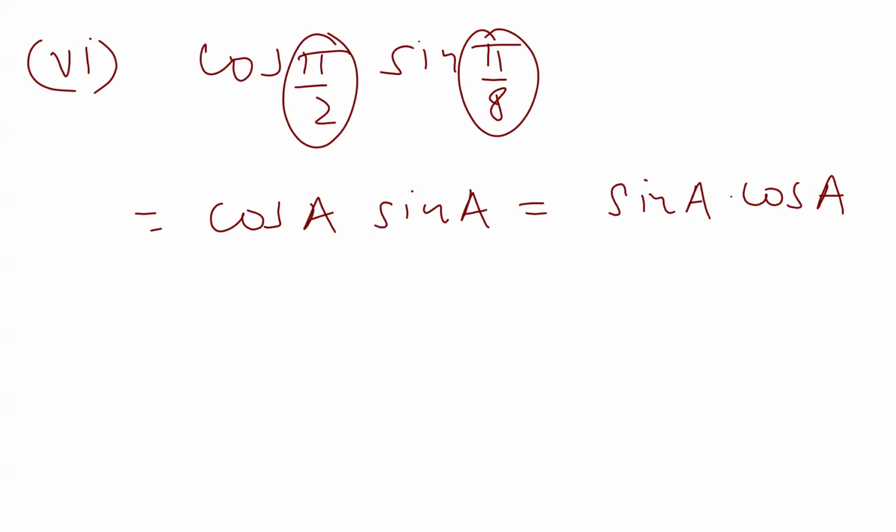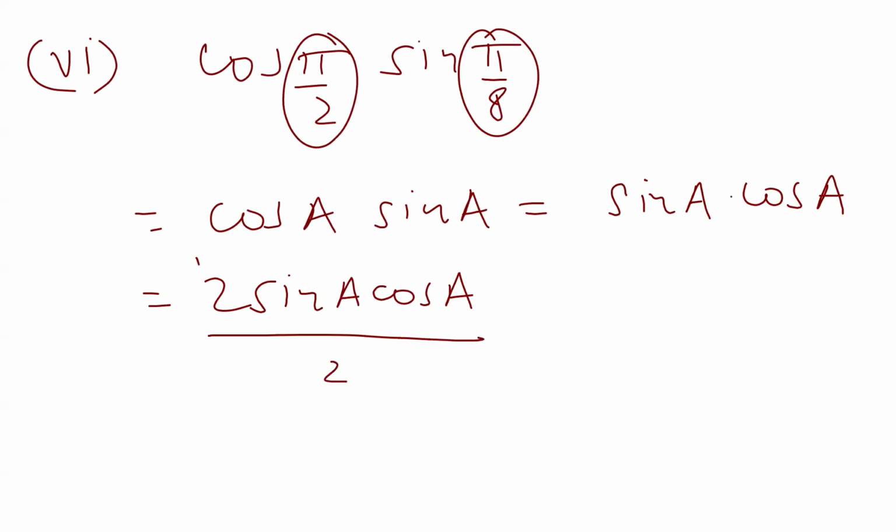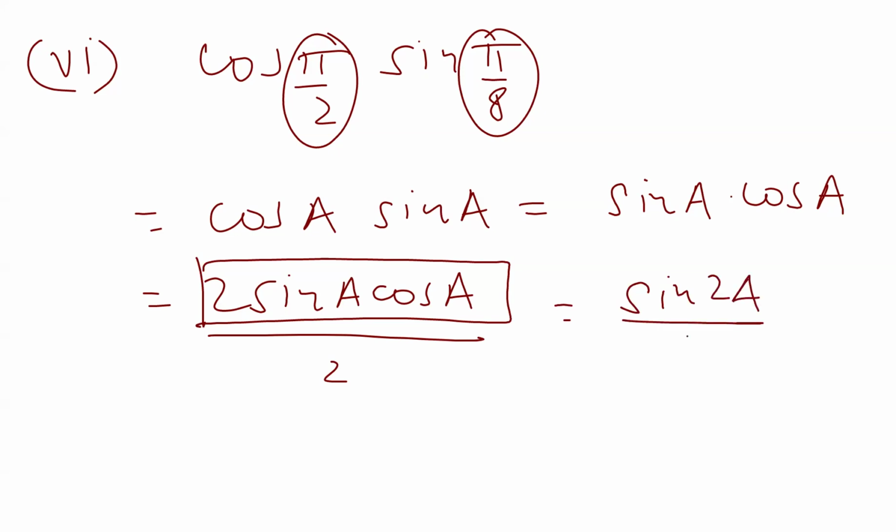Then I will multiply and divide with 2. 2 sin A cos A upon 2. The purpose of division and multiplication with 2 is because we get a half angle formula over here. Sin 2A by 2. Sin 2 into A, A is pi by 8.